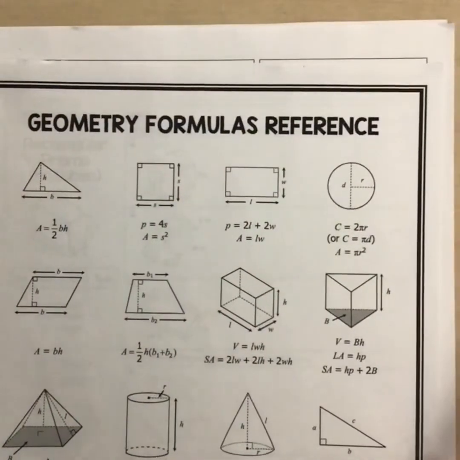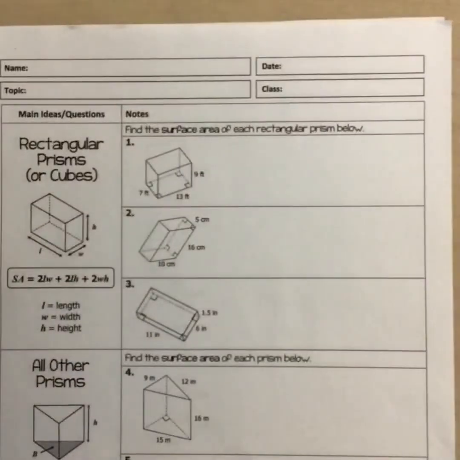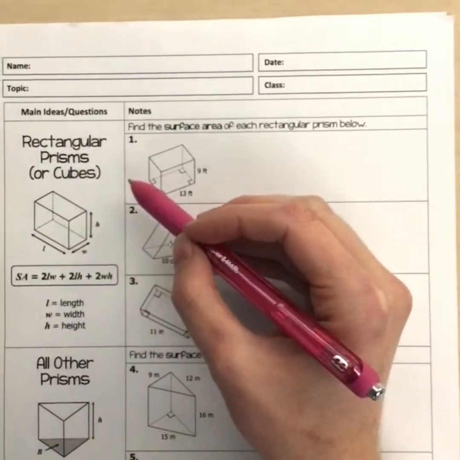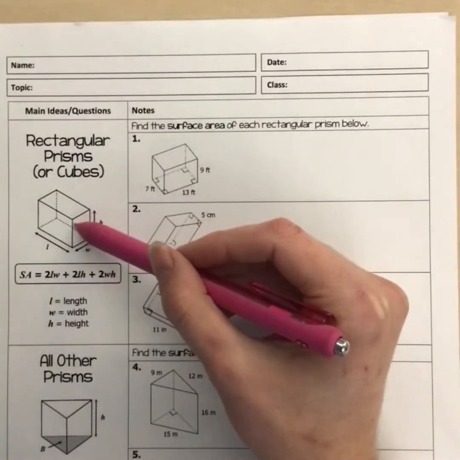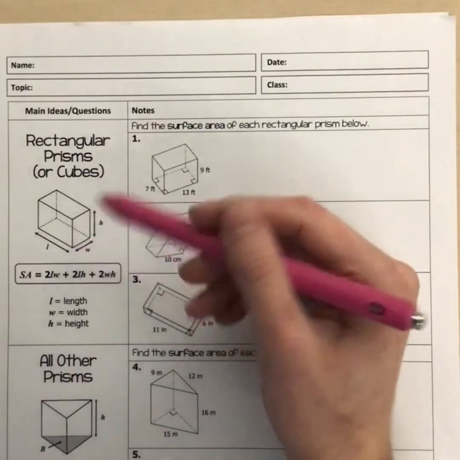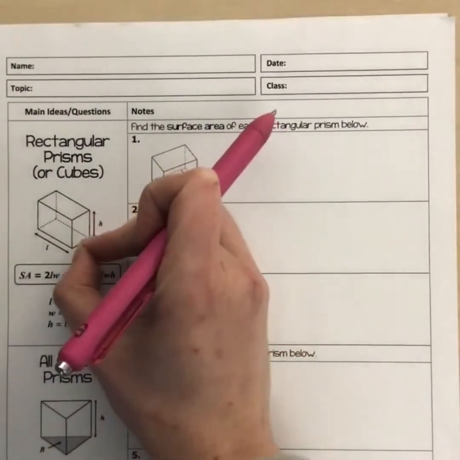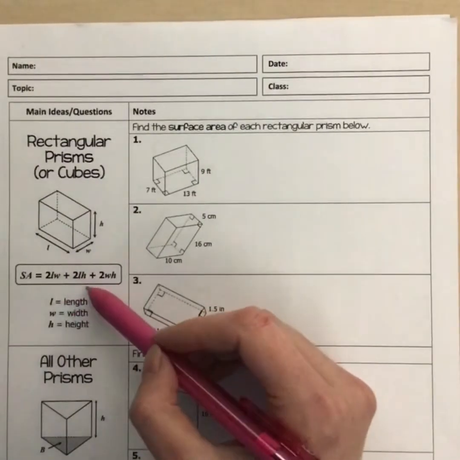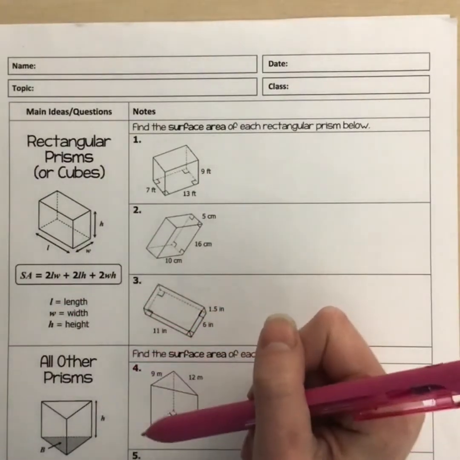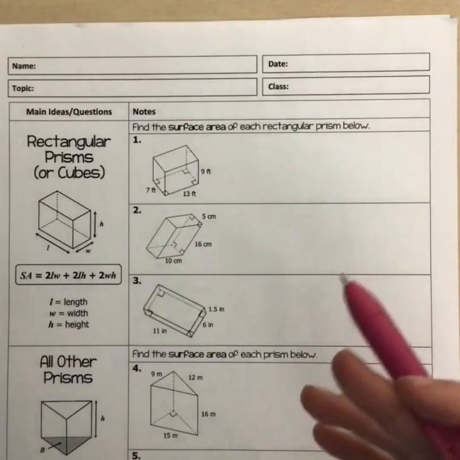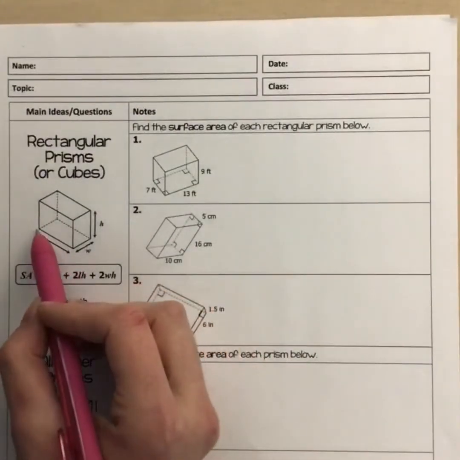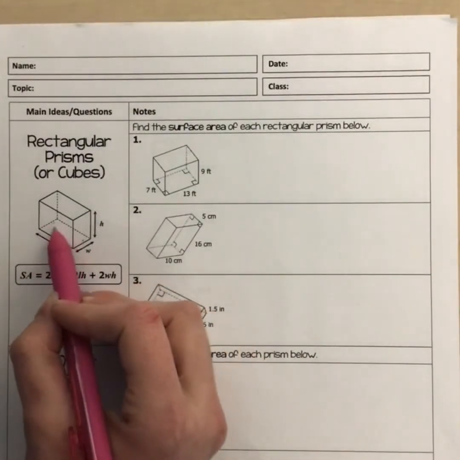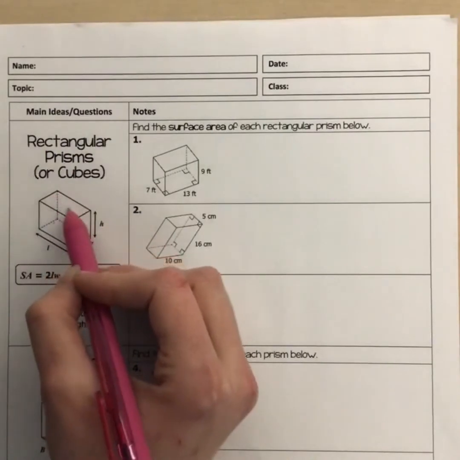Now, when we think about how a rectangular prism or cube is different from just a rectangular or square, remember that we now have that extra dimension of height added in. So we would actually have to have a combination of all of those different parts added and multiplied together. So we would have length times width to get the area of the bottom and the top rectangle.